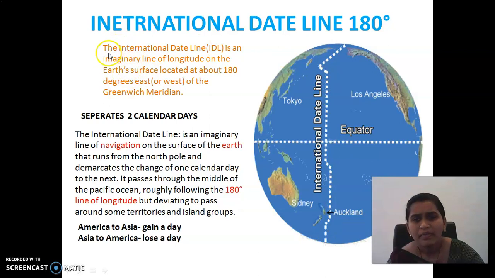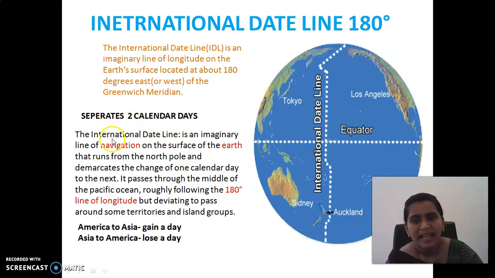The international date line is an imaginary line of longitude on the Earth's surface located at about 180 degrees east or west of the Greenwich meridian. It passes through the Pacific Ocean and separates two calendar days.